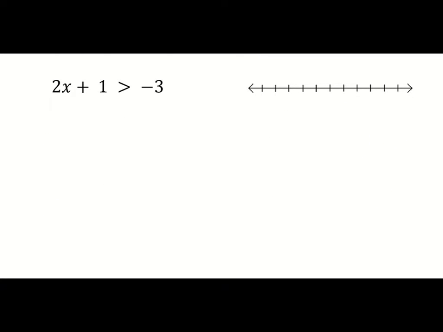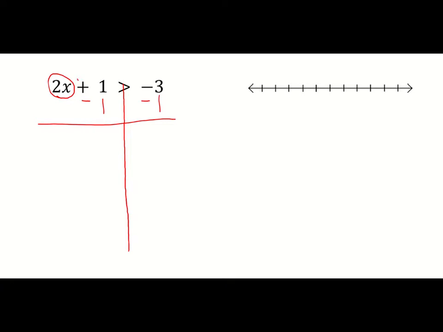So our first example says 2x plus 1 is greater than negative 3. So when we solve inequalities, what we're going to do is draw a line down the inequality symbol, just like we did with the equals, and we're going to solve these just like we did a regular equation. So first thing I'm going to do is get the variable part by itself. So I'm going to subtract 1 on both sides.